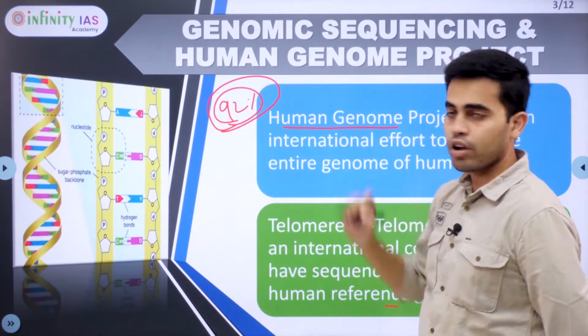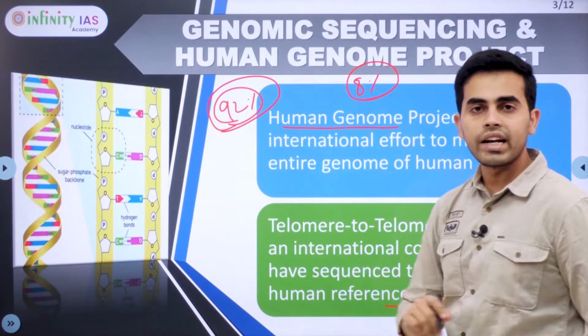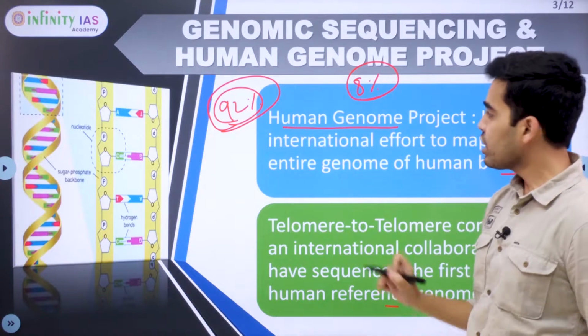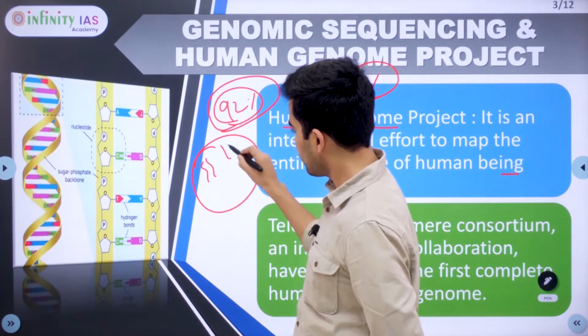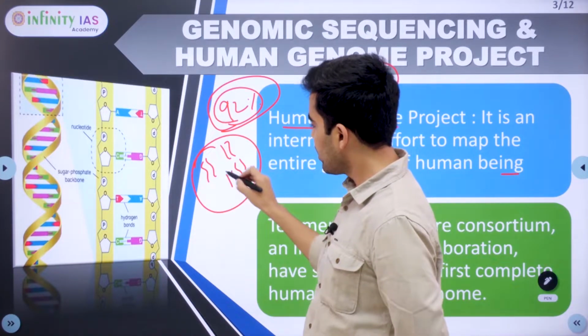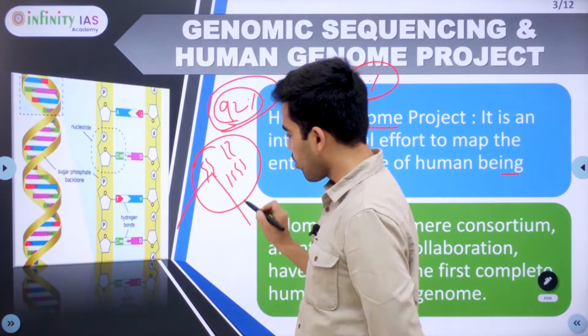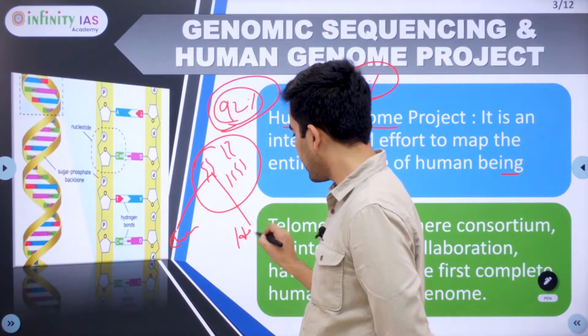The Human Genome Project has left out 8% of the chromatin. Why is that so? This is the chromatin in the human cell. It is said that there are two types of chromatin, euchromatin and heterochromatin.